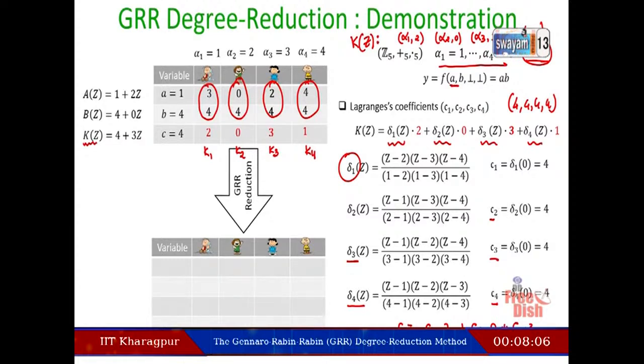But the values 2, 0, 3 and 1 are right now the private inputs of parties 1, 2, 3 and 4 respectively, so we need to do this in a secret shared fashion. That is what will be done now.